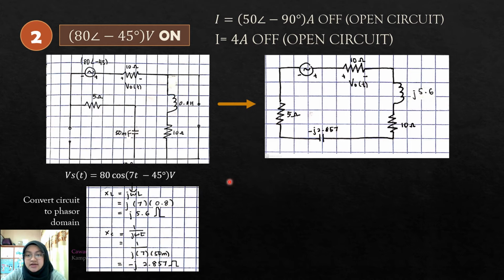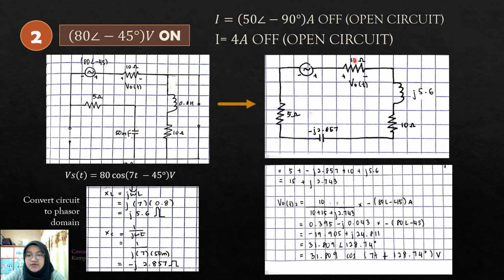This circuit is actually a series circuit. So to find the value of V naught here, I just use the VDR concept, the voltage divider rule.